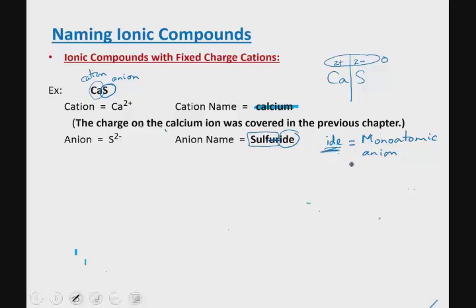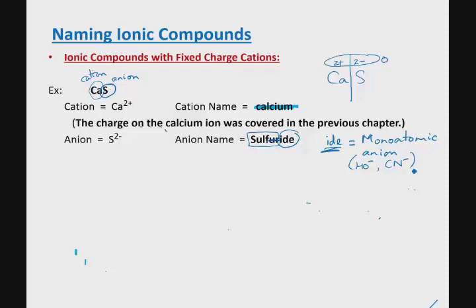Those couple of exceptions are polyatomic ions hydroxide or cyanide, the ones that you had to memorize in the previous sessions. So those you just have to know that if it's a hydroxide or cyanide, even though it's ending with an IDE, you have to remember that it's actually a polyatomic ion.